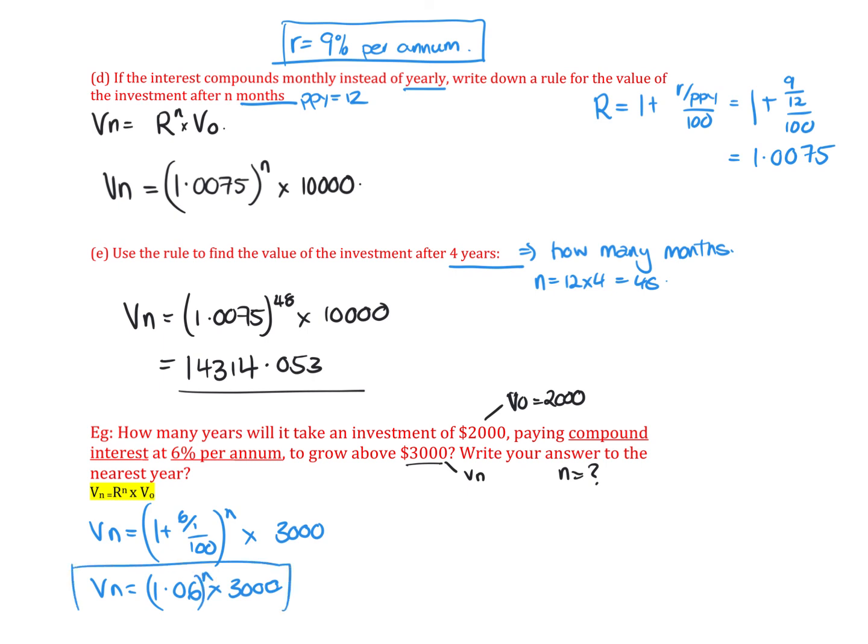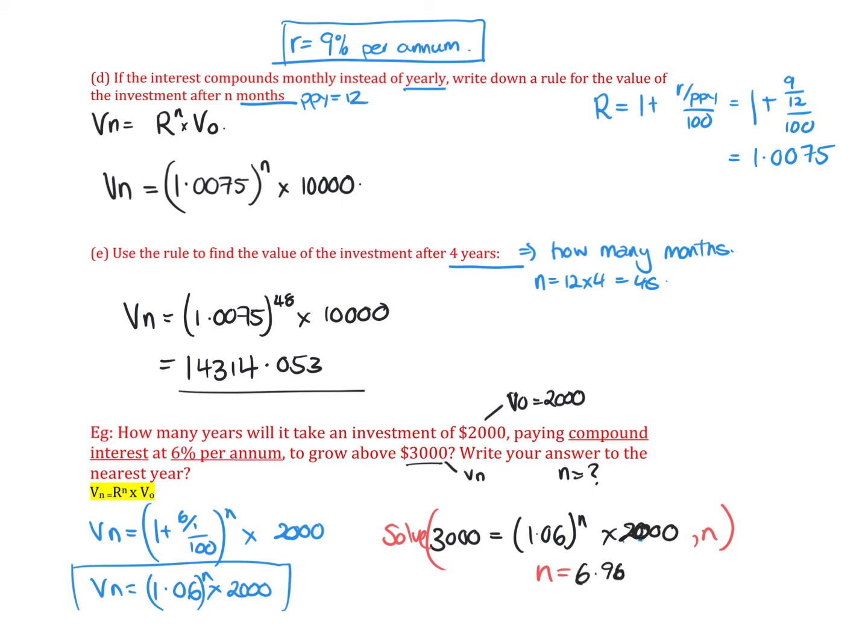Now in this question we want Vn to be 3,000, so I'm going to write 3,000 equals the rule. When I write that rule out, what's the only thing I don't know? N. So we solve. Yeah, good work, Stephen.